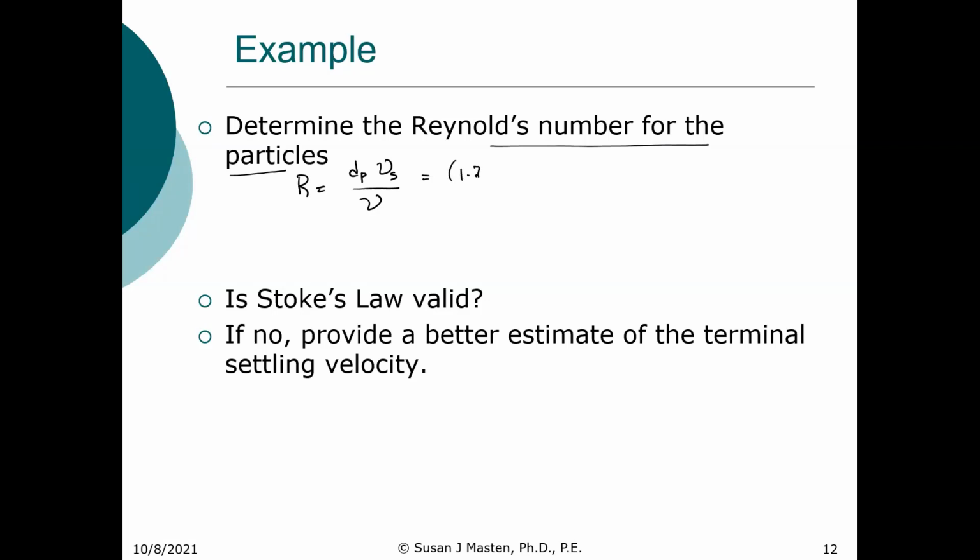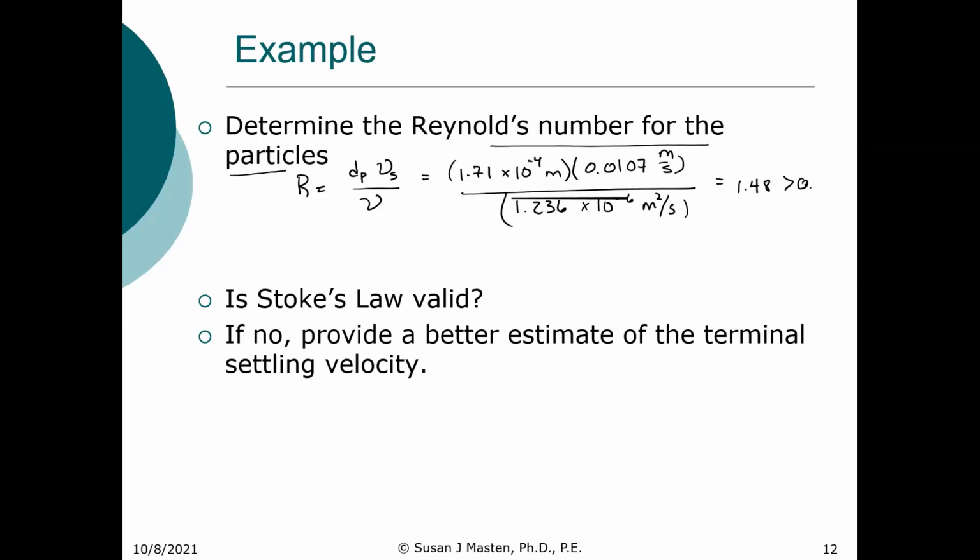The diameter of the particle is 1.7 times 10 to the minus 4 meters. The terminal settling velocity is what we just calculated. The kinematic viscosity is 2.36 times 10 to the minus 6 meters squared per second. Apologize for the lines. And that is equal to 1.48.